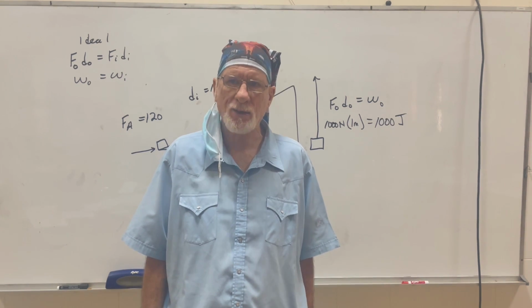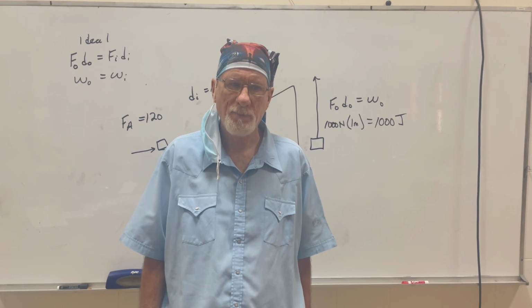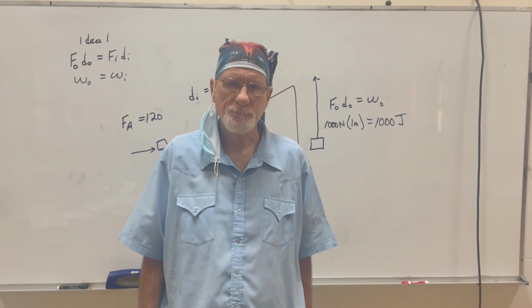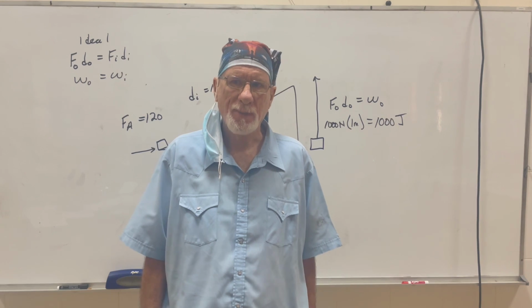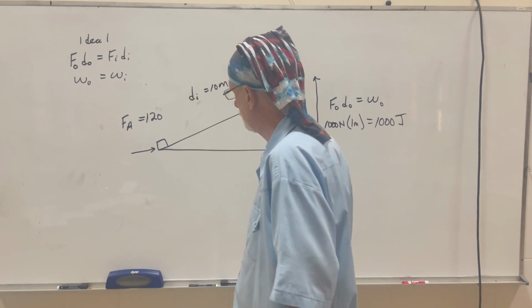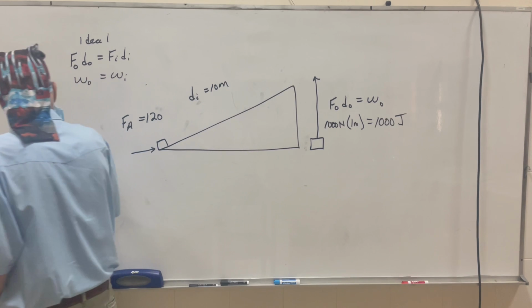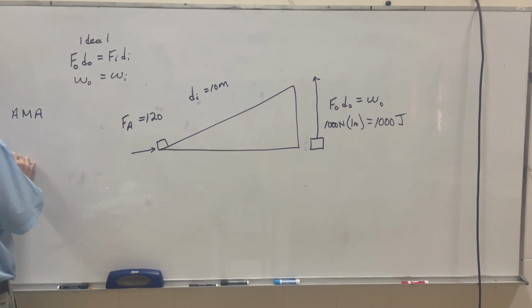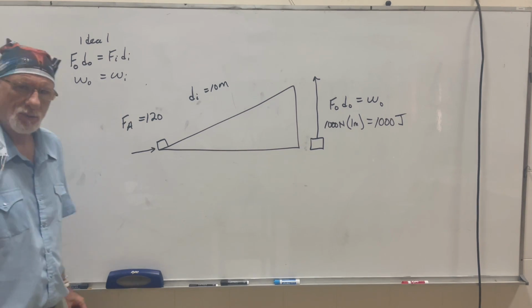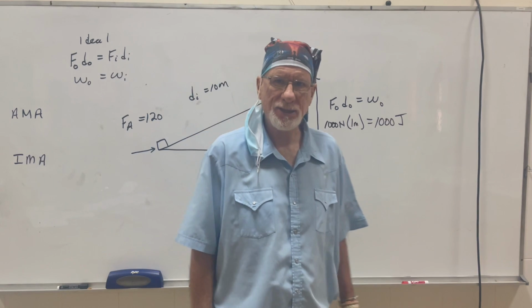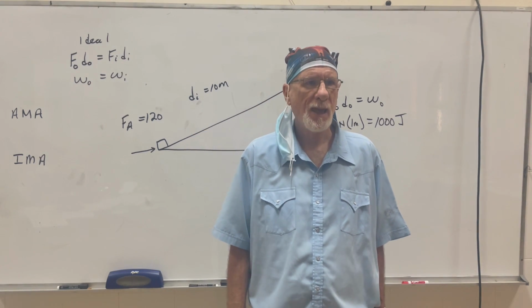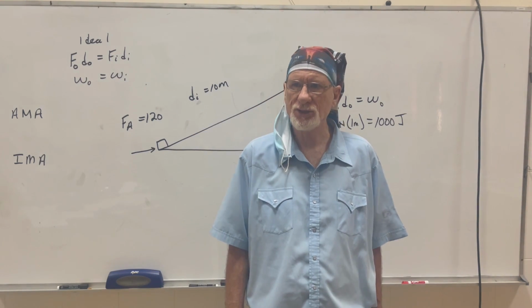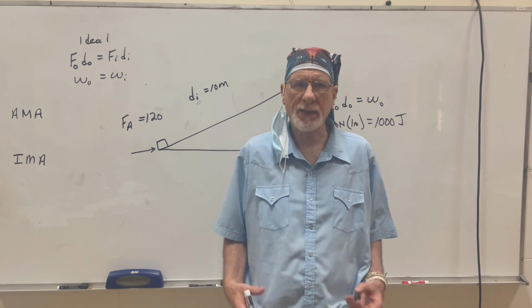So let's now talk about mechanical advantage. You have two types of mechanical advantage: AMA and IMA. Write this down. AMA stands for actual mechanical advantage. That's real mechanical advantage.